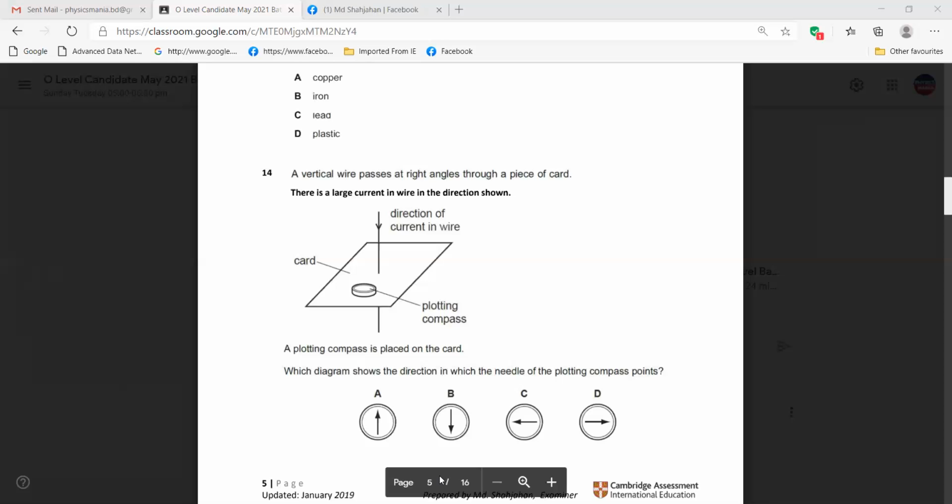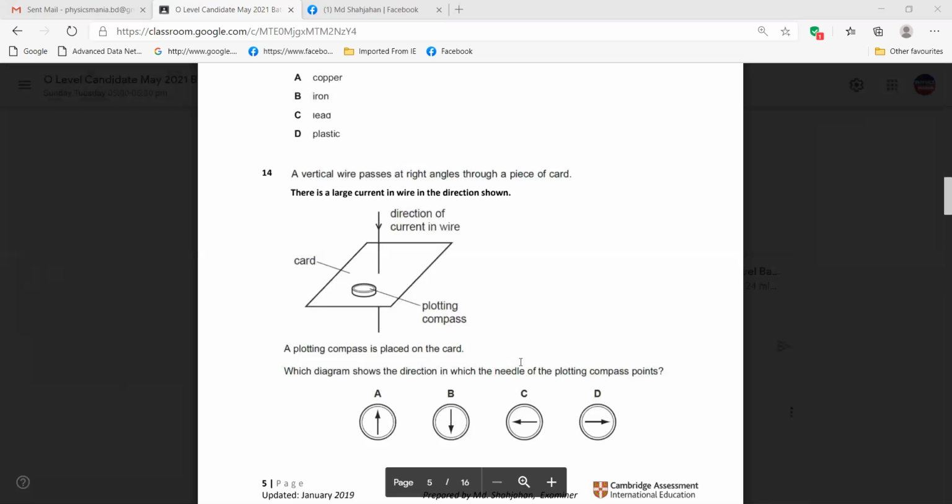Can you annotate on the screen? But my one is different. You're trying?